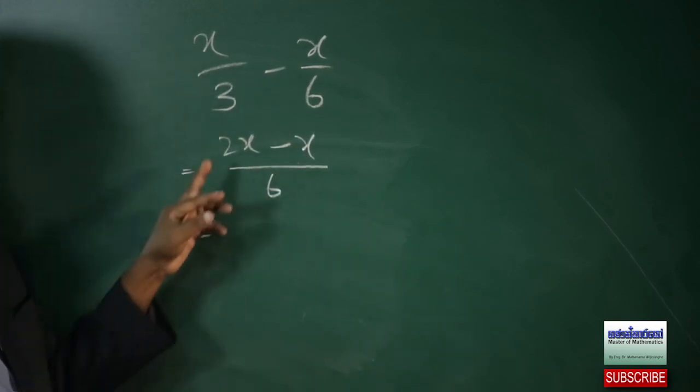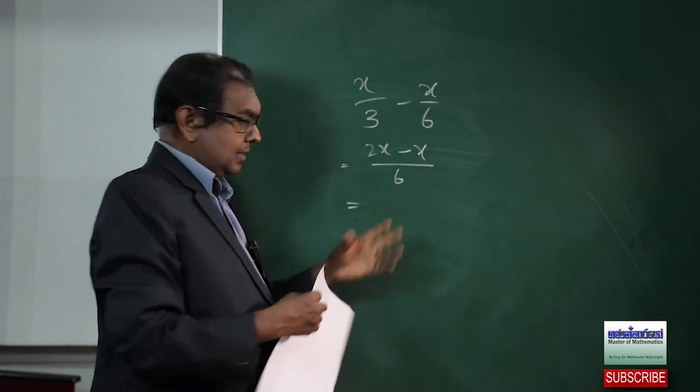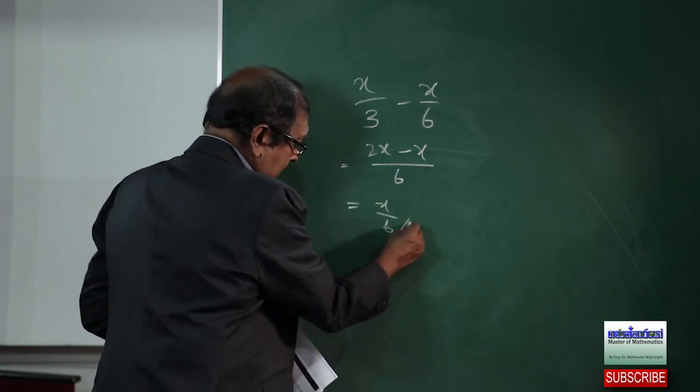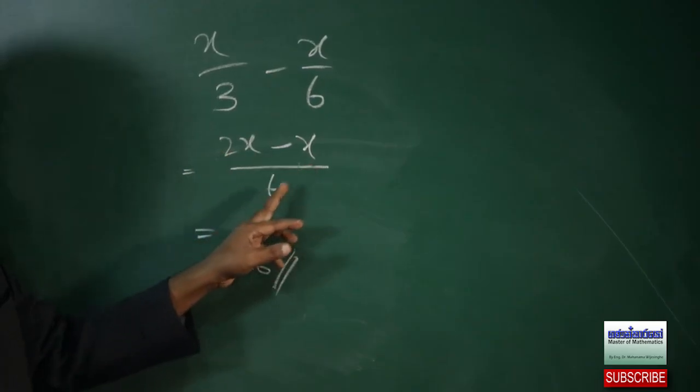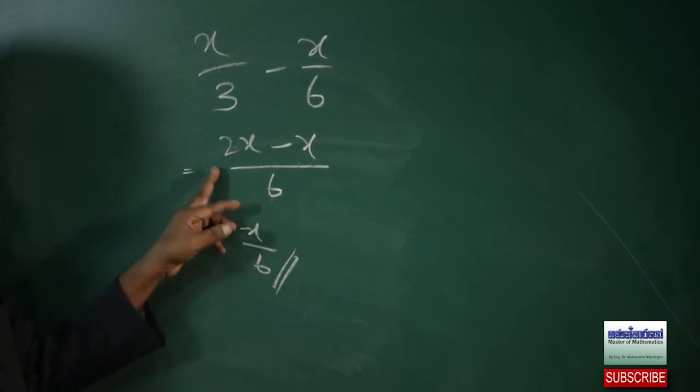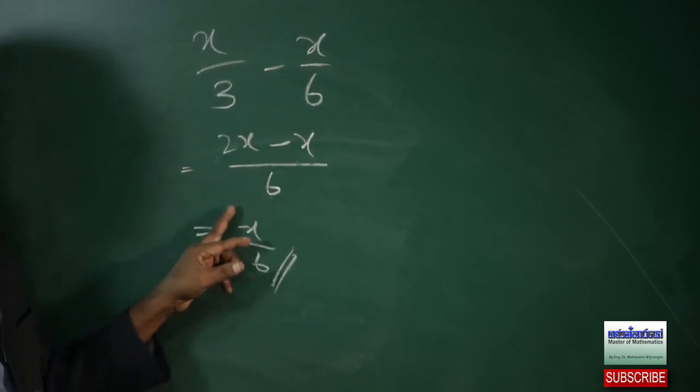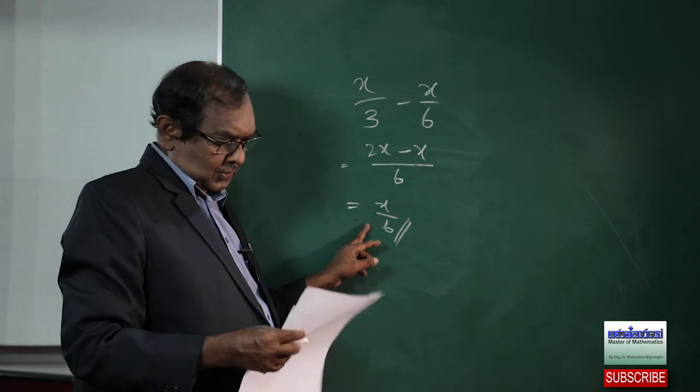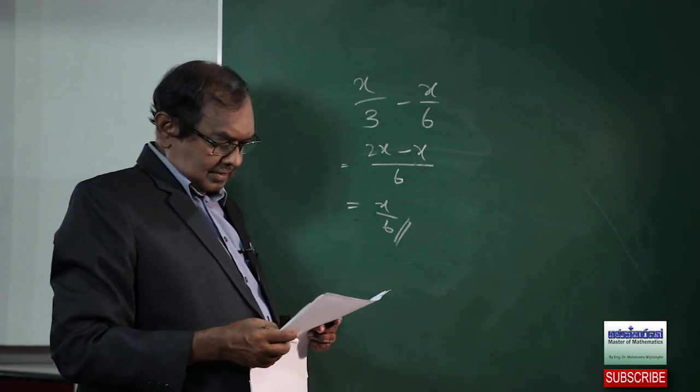That means 2x minus x, over 6. 2x minus x means x, so x divided by 6. The answer is x divided by 6.